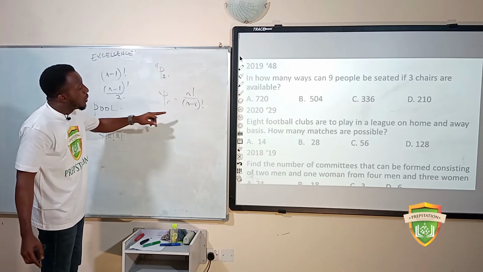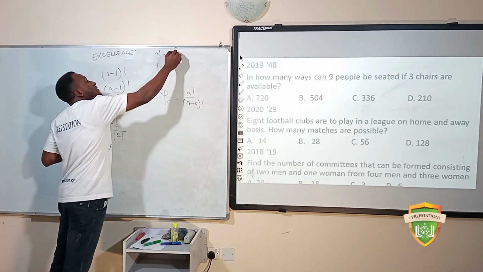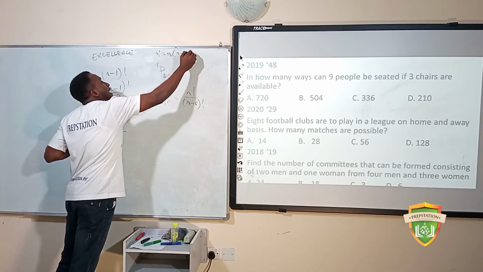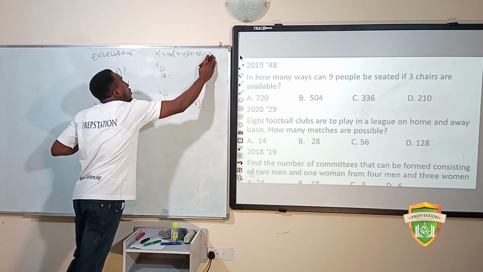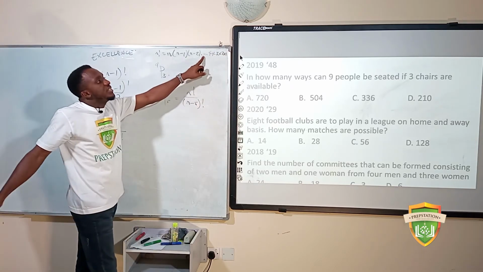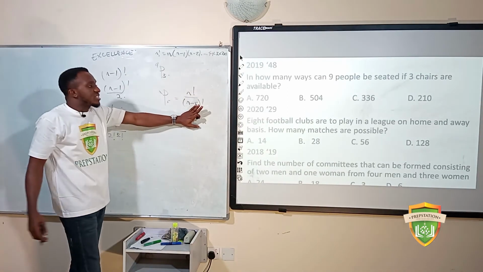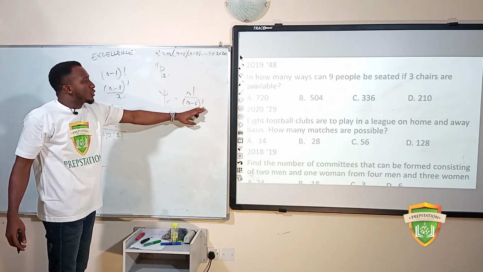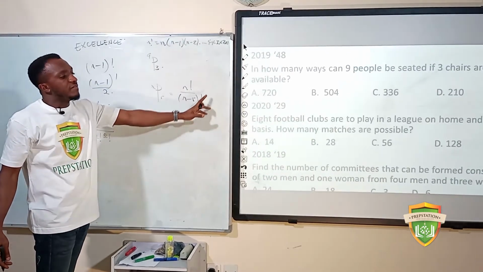I've taught you what n factorial means. N factorial is simply n times n minus 1, n minus 2, and so on till you get to 4 times 3 times 2 times 1. Of course, you know this tells you that there are many terms here. Okay? So this is the formula for permutation: n factorial over n minus r factorial.